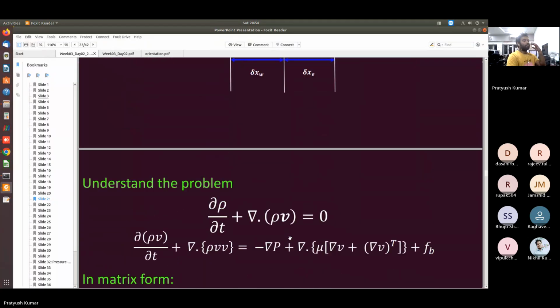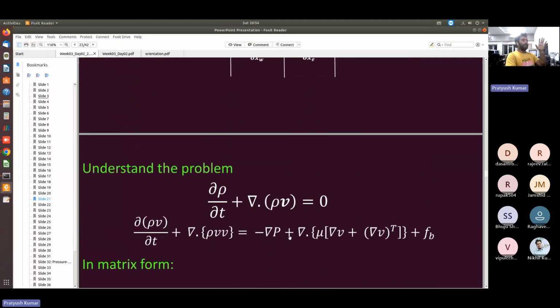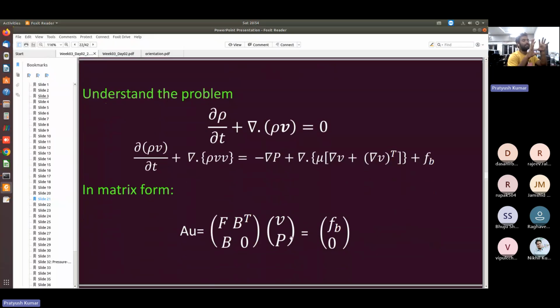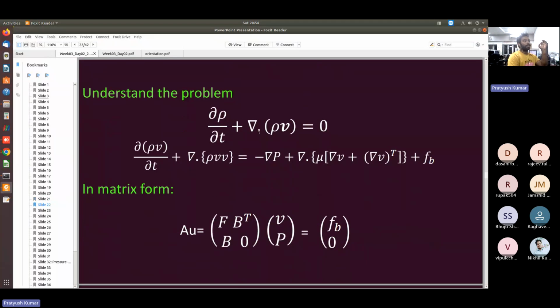Now, let me first explain what kind of solution is provided in OpenFOAM by taking a simple example. Then I am also going to show you the derivation. First, let's understand the solution in the form of the matrix, then I will show you the derivation. This is the continuity equation and this is the momentum equation.